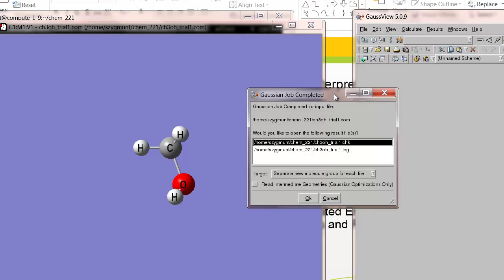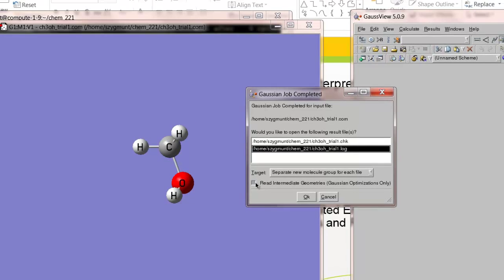So the Gaussian program, in a very sophisticated way, moves around the different atoms, calculates the forces on them, and then moves them in the direction in which they feel forces, very small amounts of distances, and then repeats the calculation over and over again until it finds the atomic coordinates where those forces are approximately 0. And that's what the equilibrium structure corresponds to.